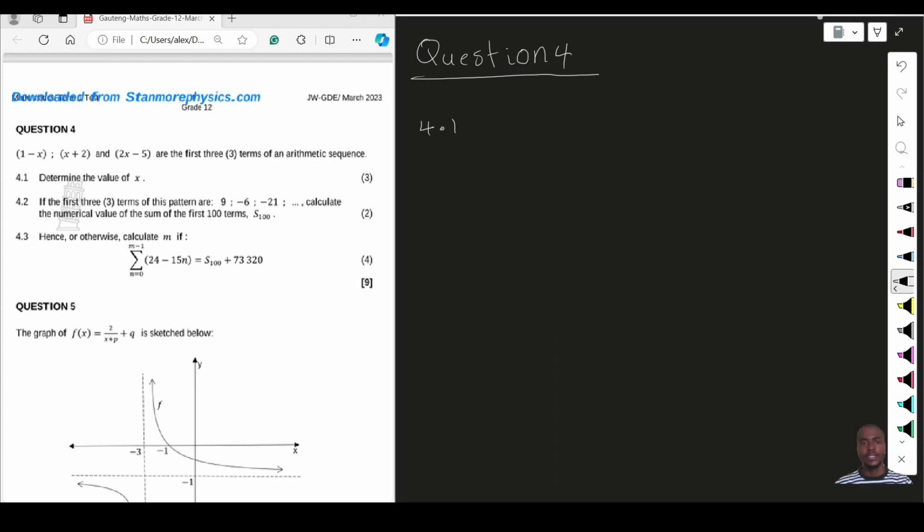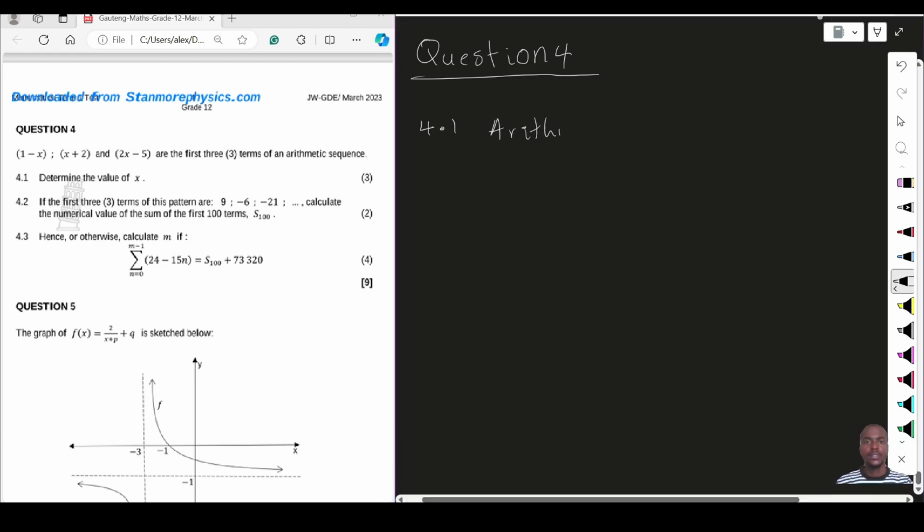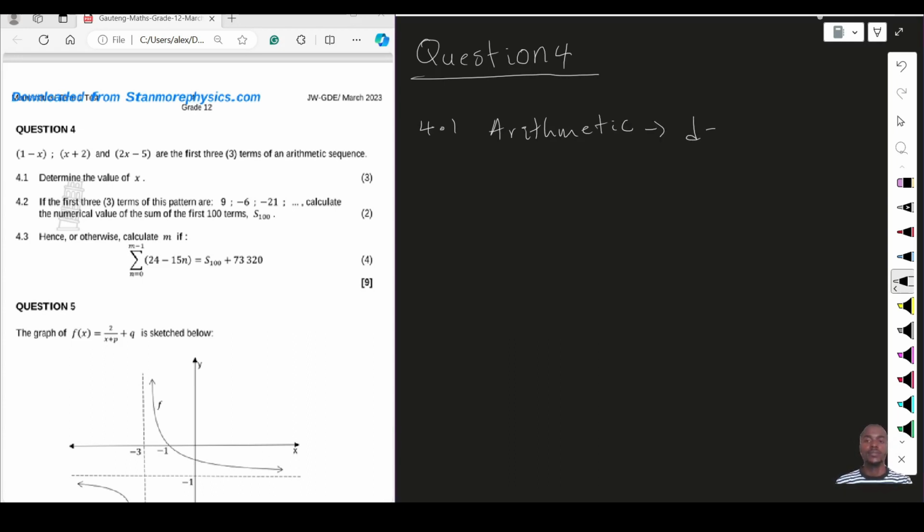So when we have an arithmetic sequence, you must know that the difference d is equal to t2 minus t1 equals t3 minus t2. So here we have a sequence, sequence and pattern is one thing. So 1 minus x, then x plus 2, then 2x minus 5.